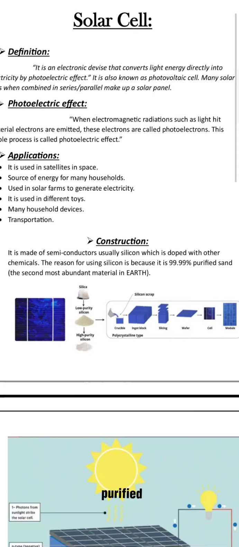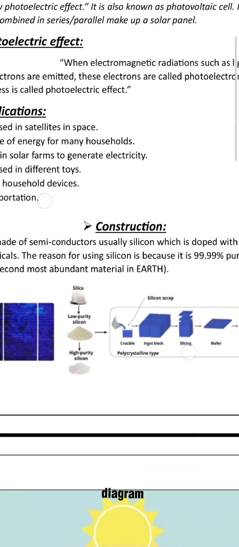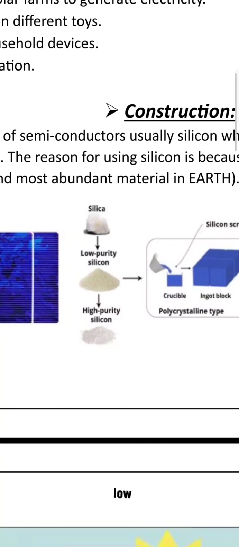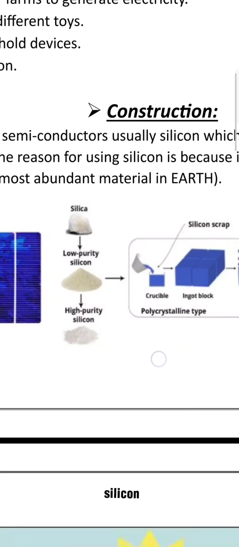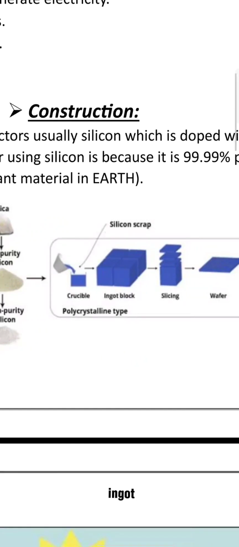First of all, it is purified to 98% pure silicon, then to some 99% pure silicon crystals. This diagram here shows how the process goes. It goes from silica to low purity silicon, then high purity silicon, then to a crucible, then ingot block. It's converted into blocks.